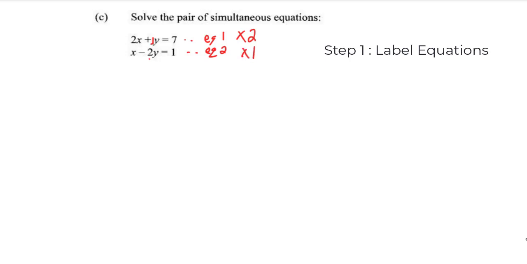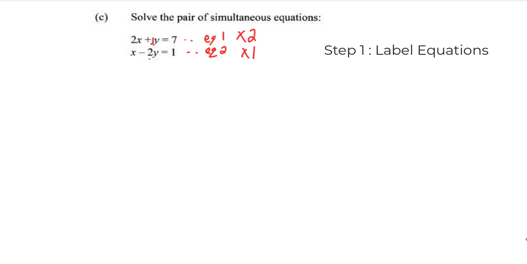Alright, so all we're doing now is trying to get the terms the same in order for us to use the elimination method. So if this value right here beside y was 6, you would multiply the top equation by 6, and whatever value is beside y, you will multiply the second equation by that value.